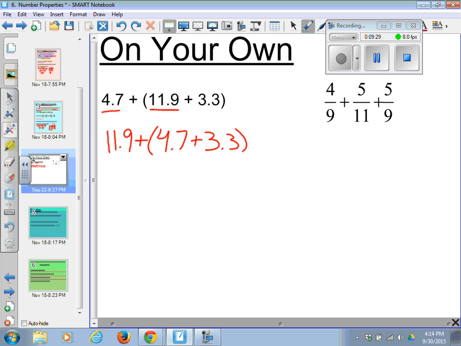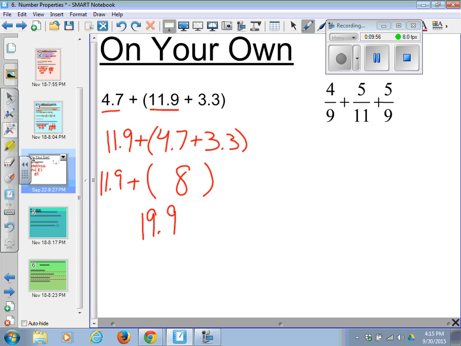You'd be able to work inside our parentheses now and do that first, which would give us 4.7 plus 3.3. That would give us 8 plus 11.9. We can easily add these two together, which will give us 19.9.